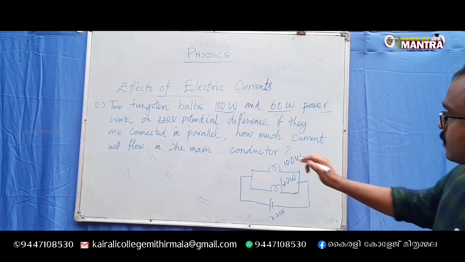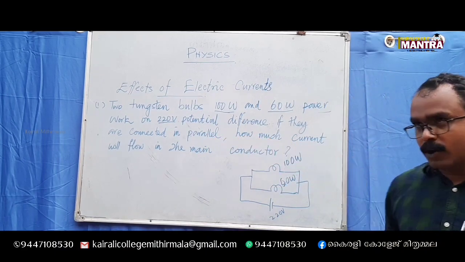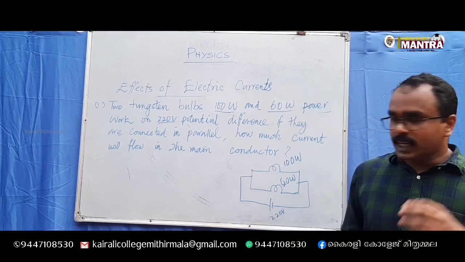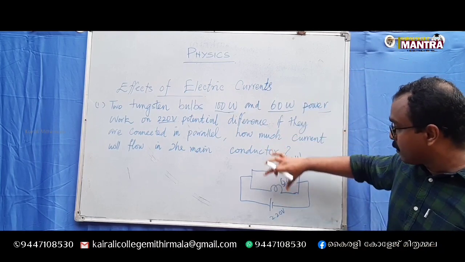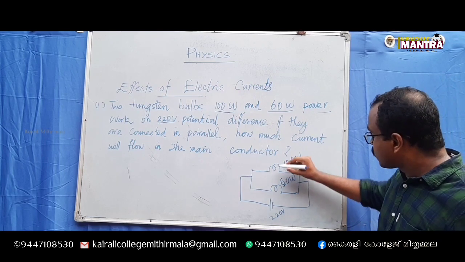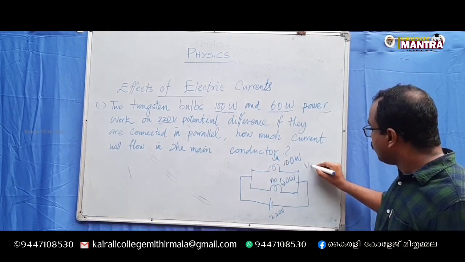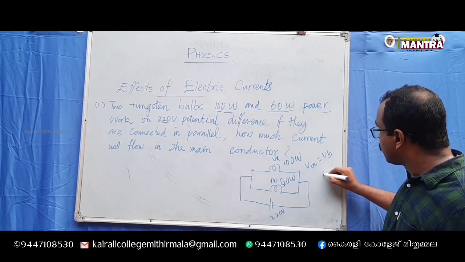As soon as you see this question, you have to remember all the characteristics of parallel connection. That is, in parallel connection, the voltages across each terminal will be equal. That means VA equals VB equals 220 volt.